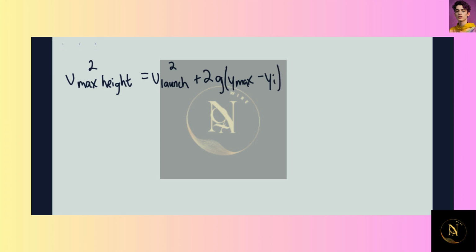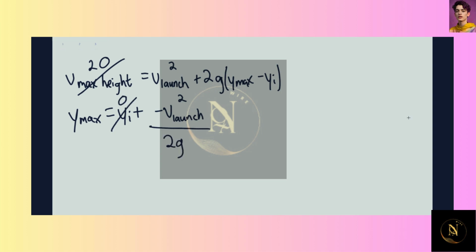We know that the velocity at the maximum height is going to be 0. So we can say that y max would be equal to y initial plus negative velocity at launch, quantity squared, divided by 2 times g.